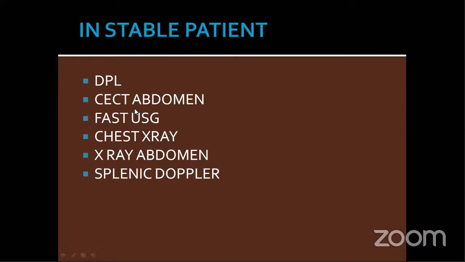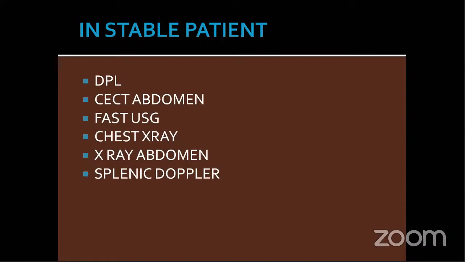So all the quadrants you can assess and immediately arrive at a certain diagnosis, and then chest X-ray to rule out rib fractures or any pleural collection. So it could be pneumothorax or hemothorax or hemopneumothorax with or without rib fractures, and then erect X-ray abdomen if the patient is in stable condition. That's why I'm saying stable patient. You cannot subject an 80 systolic patient to an erect X-ray abdomen. You should not do that.